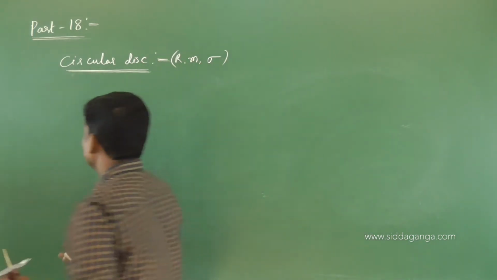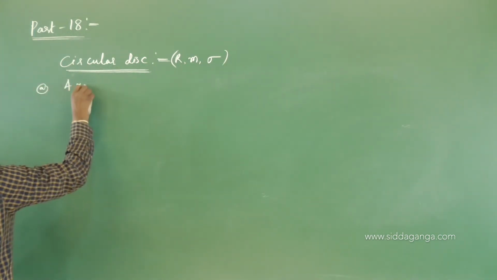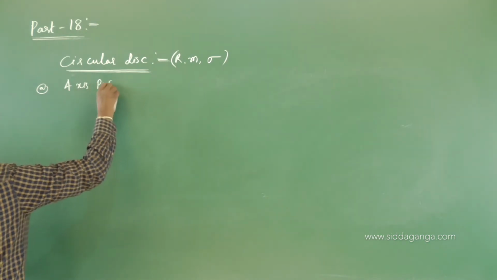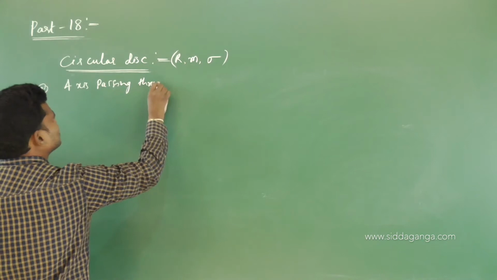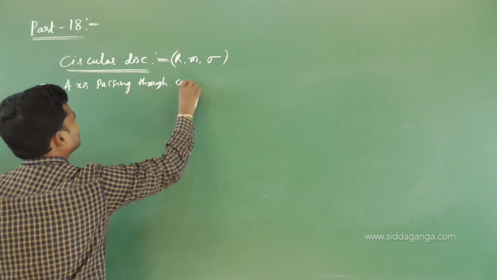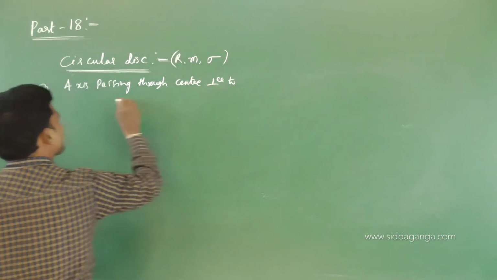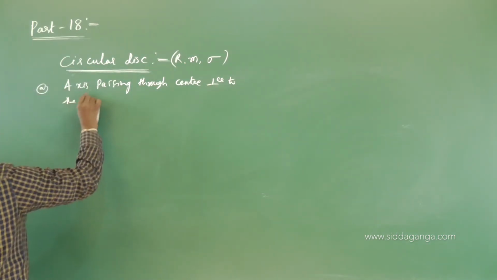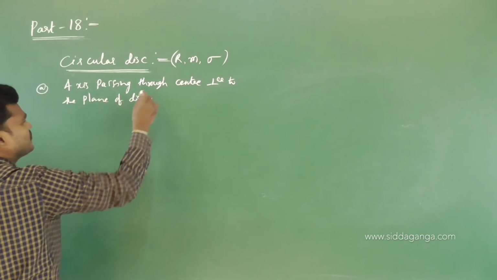First formula, first one, axis passing through center and perpendicular to the plane of the disc.